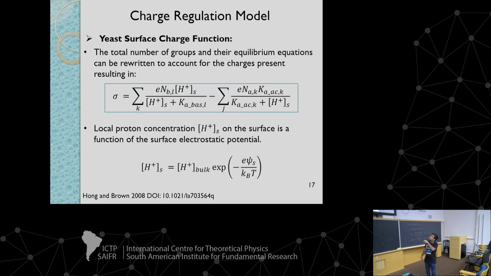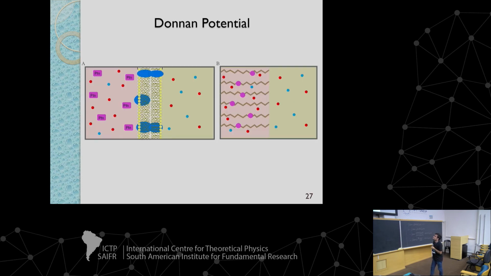So the full expression to calculate the surface charge density that enters our boundary condition is this one, and this is the expression to calculate the surface hydrogen ion concentration. Okay? Any question until here? Okay, let's go on. I hope you're not starving. You can follow me. And so let's go on.